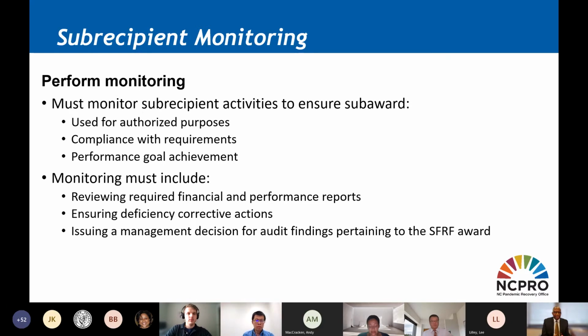And again, with the documentation, there should be documented results of your work, and documenting the agreed upon management decisions for addressing audit findings. Or I shouldn't say audit findings. Well, audit findings as it relates to the single audit work, but findings also that may come out of your monitoring work. Next slide.